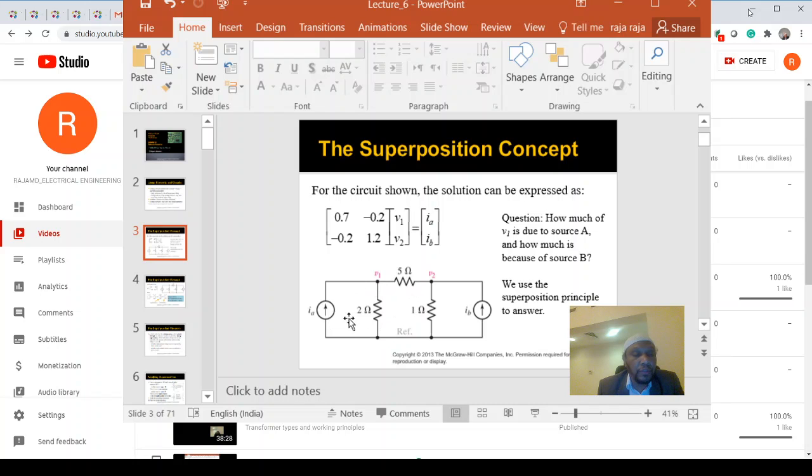They give you two current sources, IA and IB, and the resistance values of 2 ohm, 5 ohm and 1 ohm. This is the node; this is the node 1 voltage, that is V1. This is the node 2 voltage, this is my V2. This is our question.